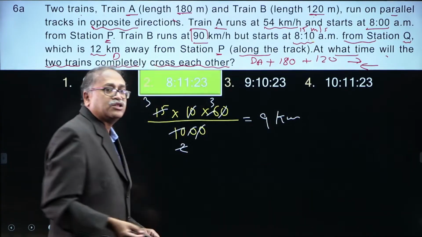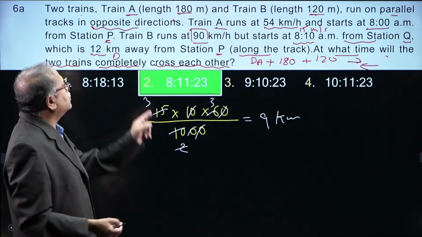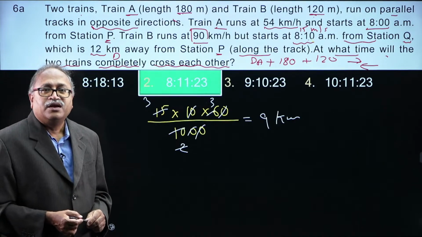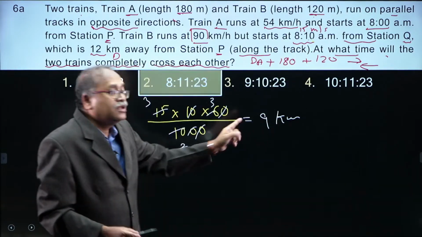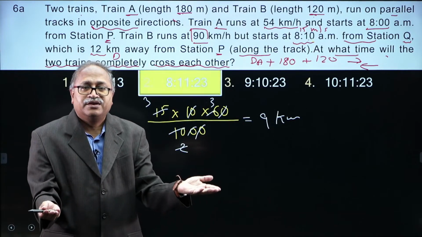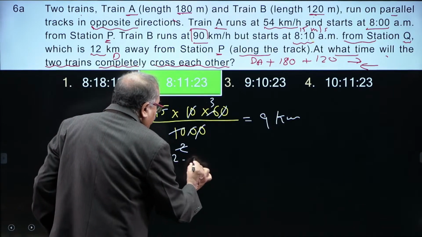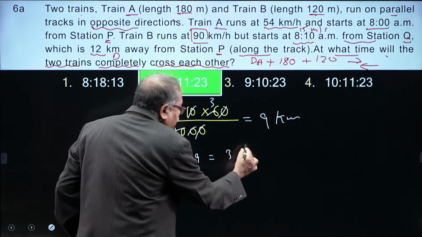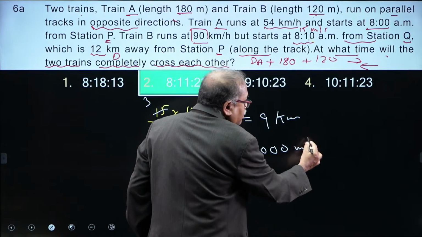As I divide it by 1000, it becomes kilometers. What is the total distance? The total distance is 12 kilometers, and out of which 9 kilometers is already covered in the 10 minutes from 8 to 8:10. So, how much is left, Appalnaidu? That is 12 minus 9, which is 3 kilometers left. In other words, 3000 meters is left.